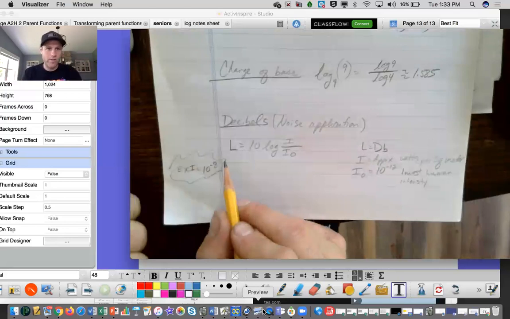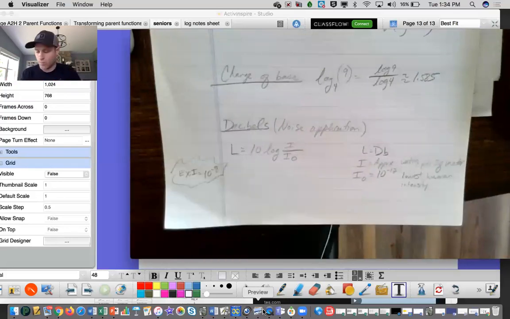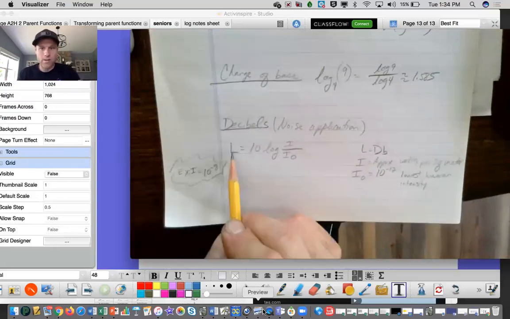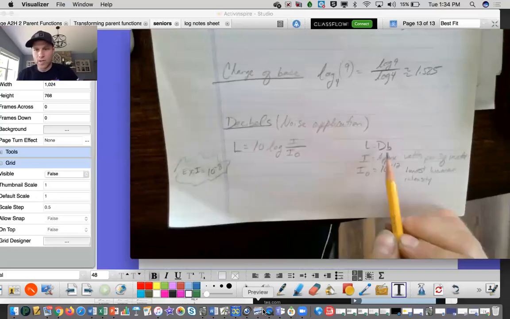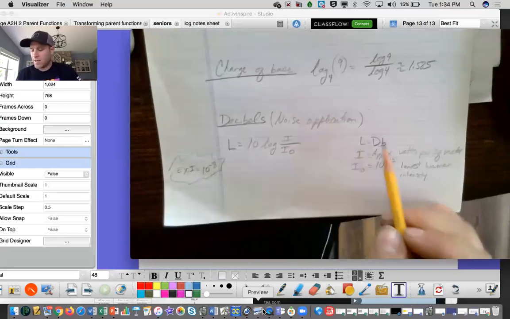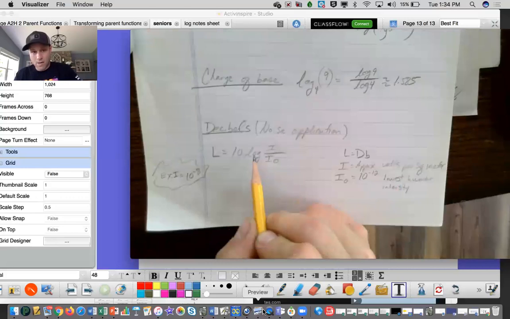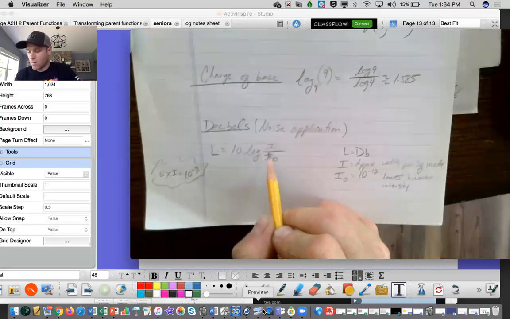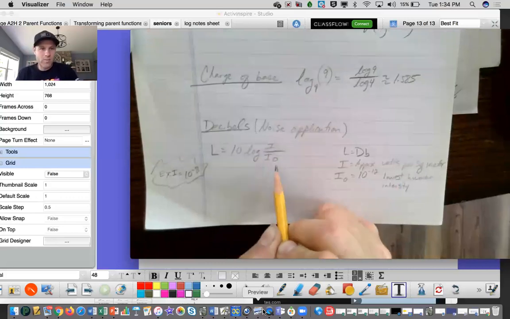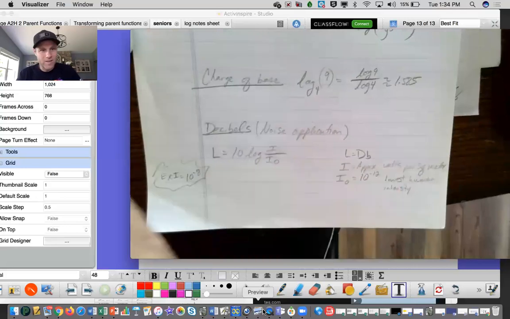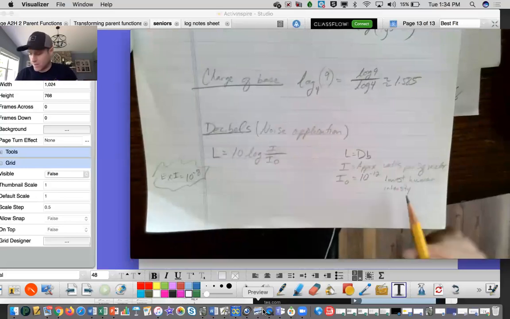If you had a decibel reader, it would read L is the letter for that, and that's in decibels. The formula is 10 times the common log of I over I sub 0, where I sub 0 is the lowest human intensity we could pick up. It's a frequency, in watts per square meter.